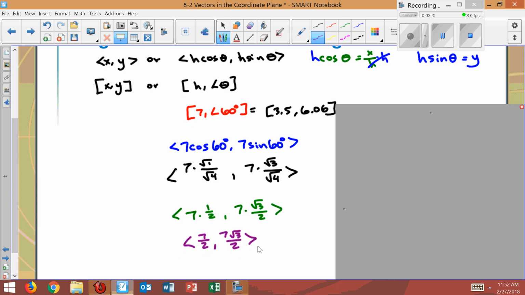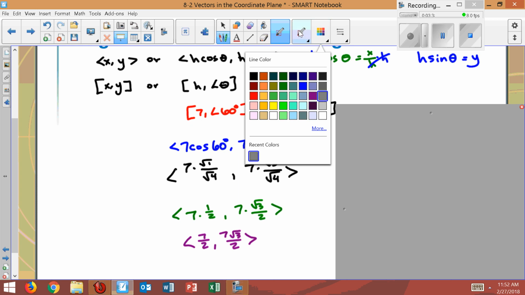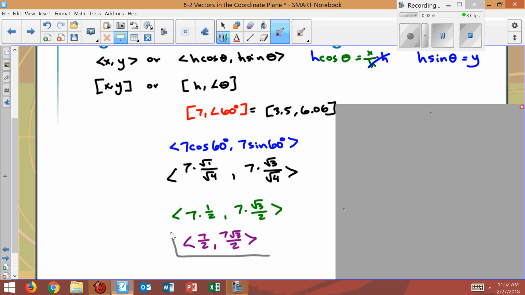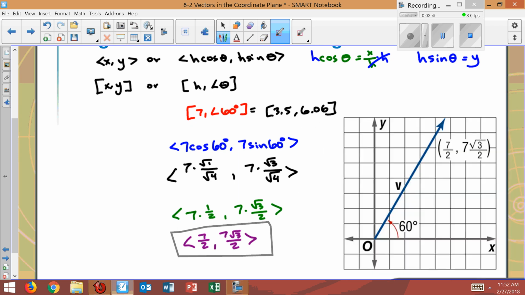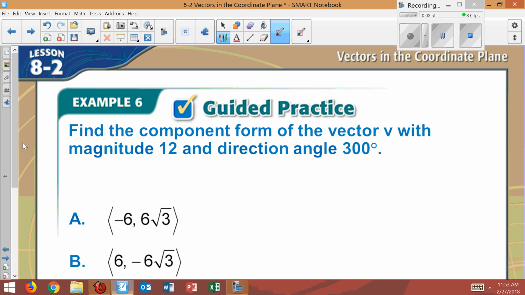That's the simplified version. If you type that in the calculator, 7 divided by 2 is 3.5, and if you multiplied the other out, you would get 6.06. So here's the image that they gave, and you'll see that their answer was exactly the same as ours. Now, here's one for you to try.